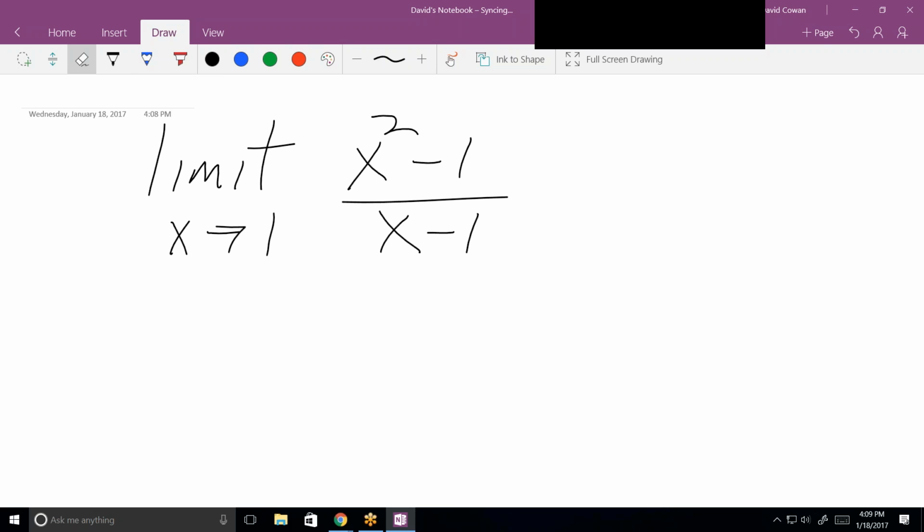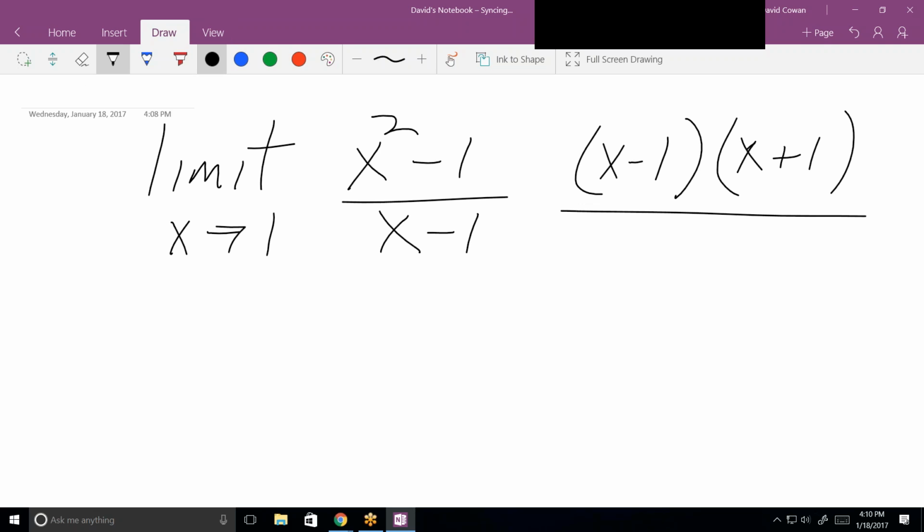Okay? If you factor the top, what's x squared minus 1 factored equal to? X squared plus 1 and x squared minus 1? Well, x minus 1 and x plus 1. Oh, yeah, that's right. Okay? And now if I divide that by x minus 1, the x minus 1's cancel, and I'm left with x plus 1.